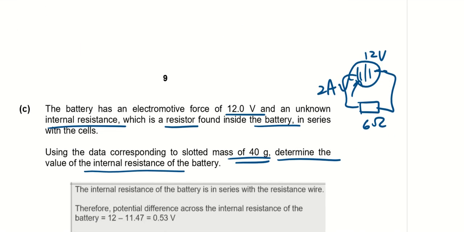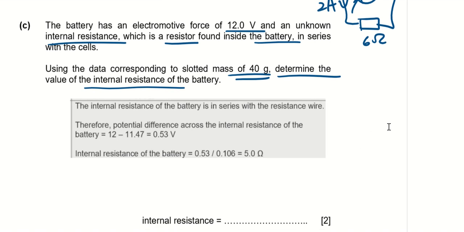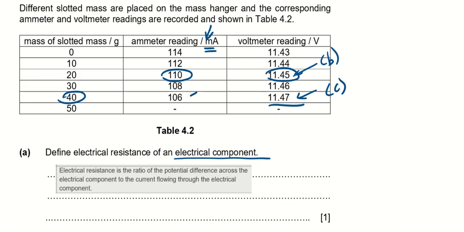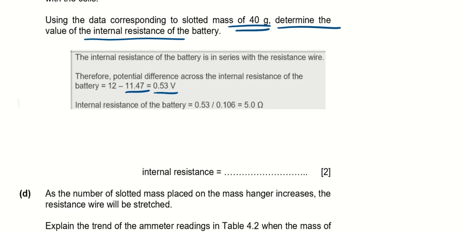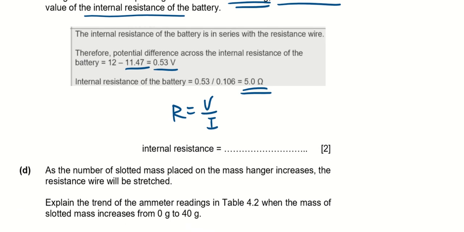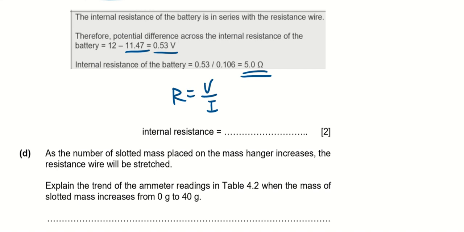Here they specify they wanted 40 grams. So 12 minus 11.47, we'll get 0.53. But how about the current? We also have to use the corresponding value, which is 106 milliampere. Convert it to ampere, it will be 0.106. Again, we apply V equals IR, so R equals V over I. We get this value of 5 ohm.